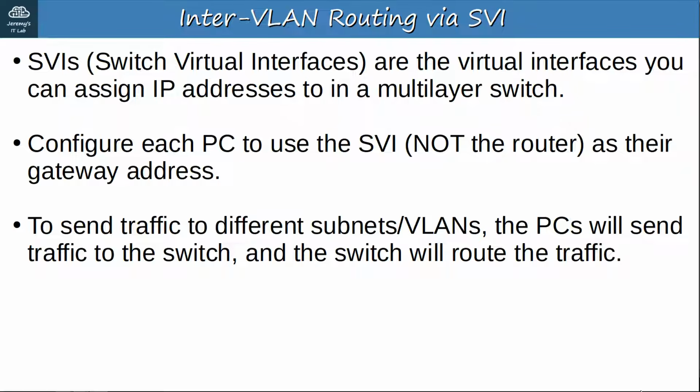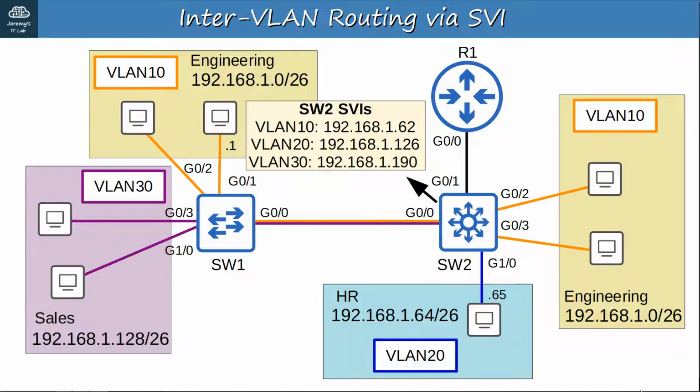To send traffic to different subnets or VLANs, the PCs will send traffic to the switch, and the switch will route the traffic. These are the SVIs I configured on switch 2. These are the same IP addresses I configured on R1 when doing router on a stick, the last usable IP address in each subnet. So these are already configured on each PC as their gateway addresses, so there's no need to change the PC configurations.